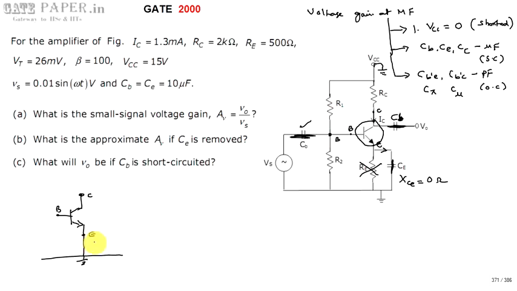Ground is nothing but the emitter, so R1 is between base and ground, and R2 is also between base and ground. Next, this capacitor is acting as short circuit, so Vs is directly connected to base, so we can write it as Vs.